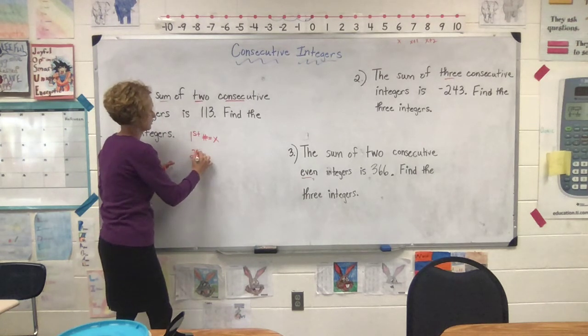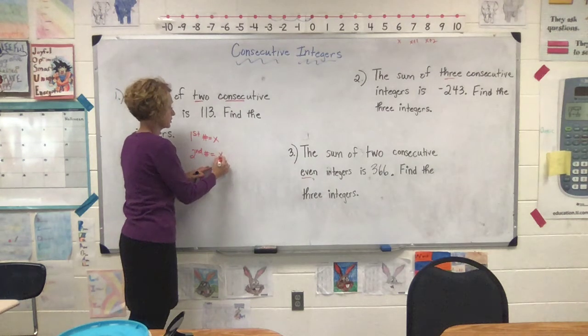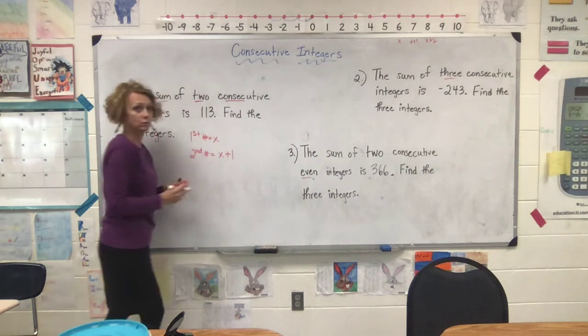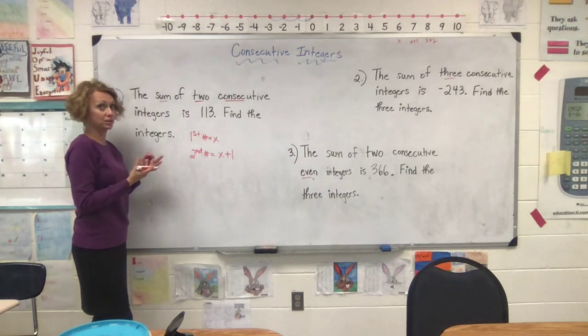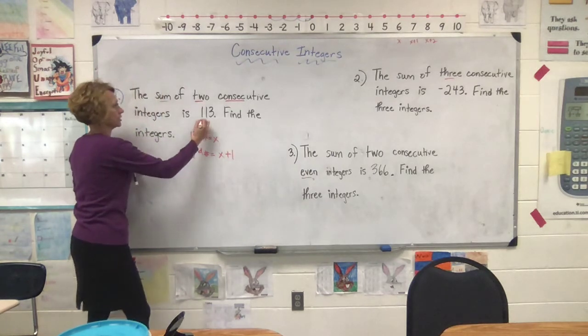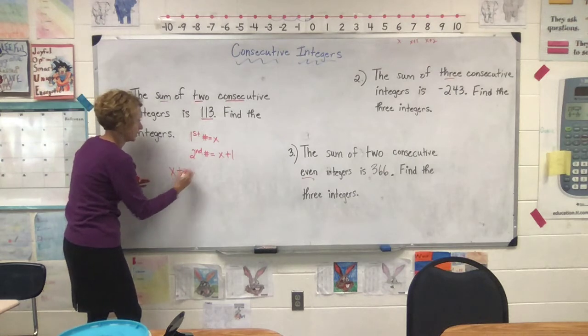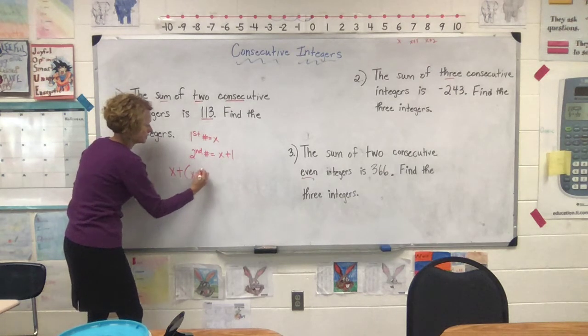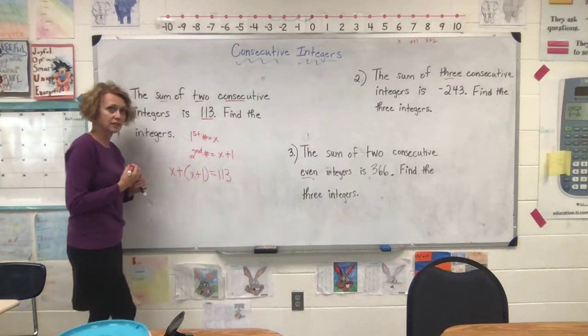My second number, since they're consecutive, would be x plus one more unit, because one is larger than the other by 1 unit. I'm going to add those together because I know the sum is 113. So I'm going to say x plus x plus 1 is equal to 113, and I'm going to solve that equation.